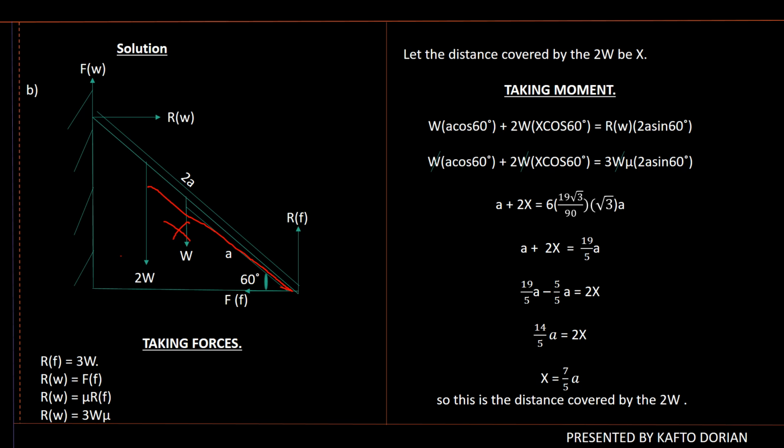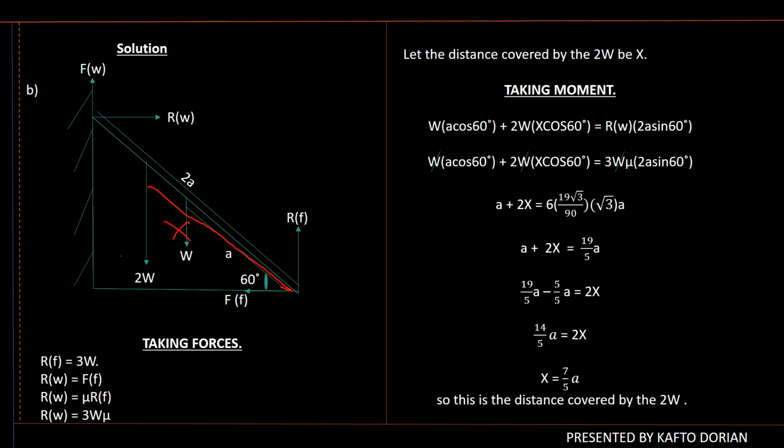So, the sum of forces in the y direction: the forces in the positive y direction equal the sum of the forces in the negative direction. So we sum it, I have this like that.